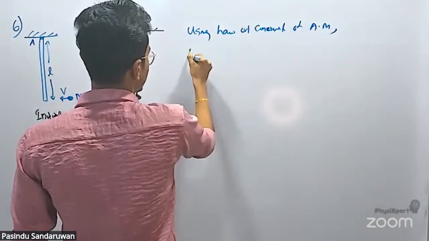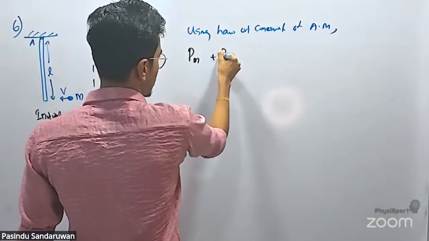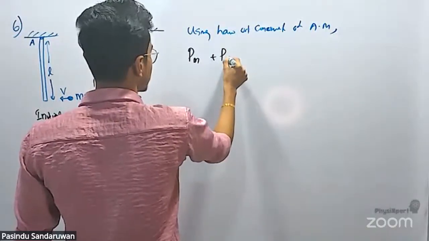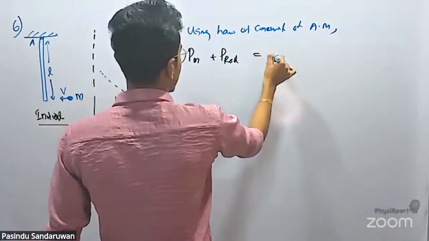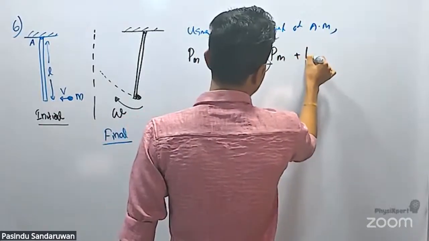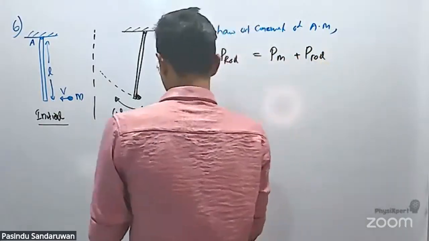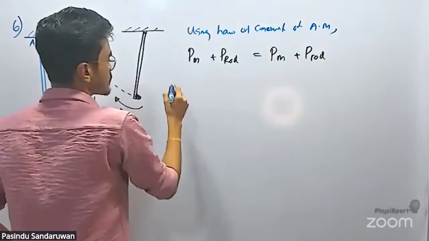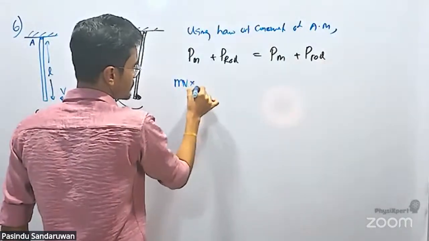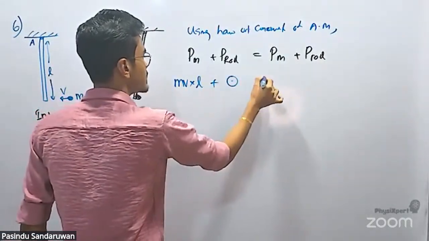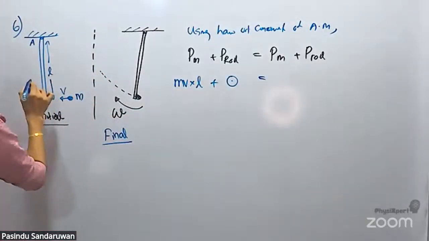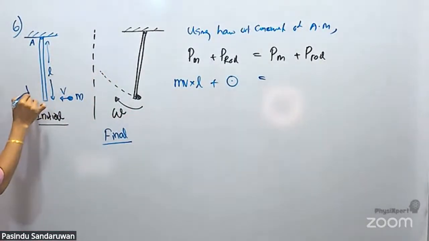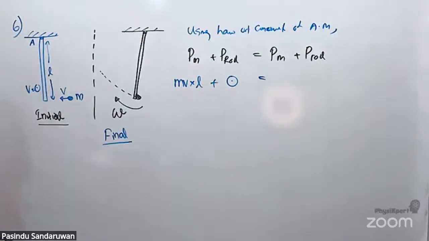Angular momentum of the simple particle plus angular momentum of the rod. Finally, also angular momentum of the simple particle plus angular momentum of the rod. Angular momentum of the simple particle, mv is given, so that is mvL. The rod is at rest initially, so 0.